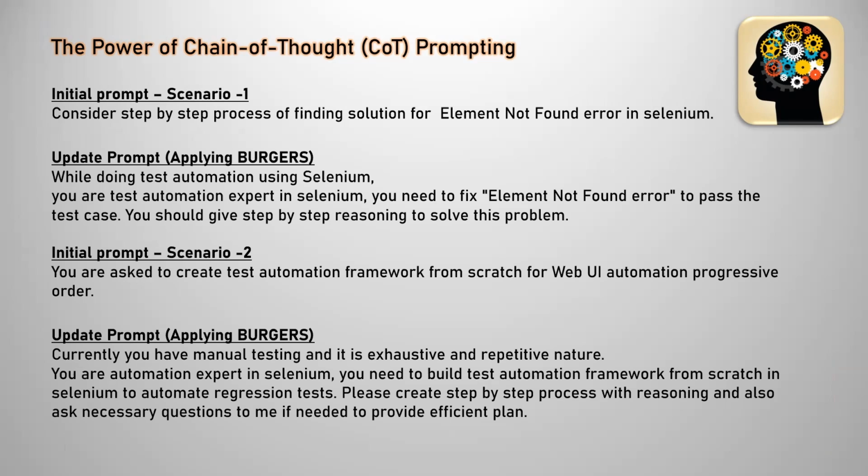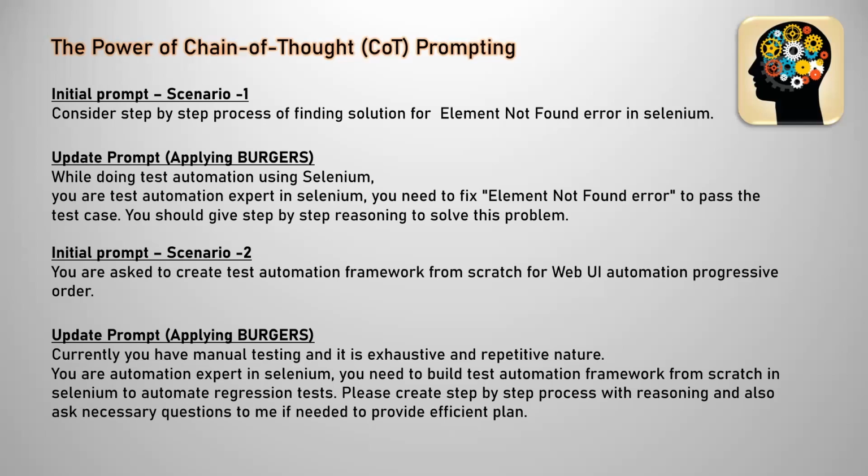Then the user: you are a test automation expert in Selenium, telling ChatGPT to work as an automation expert in Selenium. Then you give the requirement: you need to fix the element not found error. The goal is to pass the test case. Now you give the limitation or the format: you should give step-by-step reasoning to solve this problem. So this is the simple way to get chain of thought prompting.